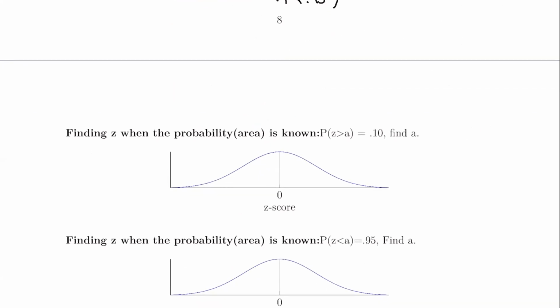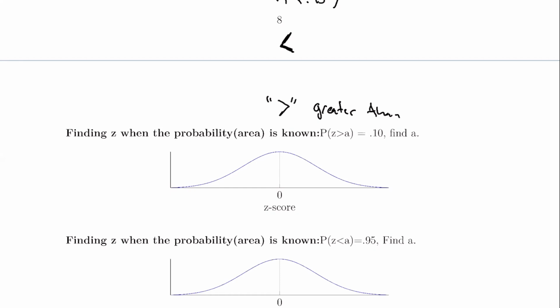All right, so let's do this fun one. If you look at this one, it says the probability that Z is greater than A is equal to 0.10. If you notice the last two that we did, they were using this symbol. Now we're using this symbol over here, which means greater than. So you do want to pay attention to the symbol, because depending on the symbol, it's going to change things up a bit.